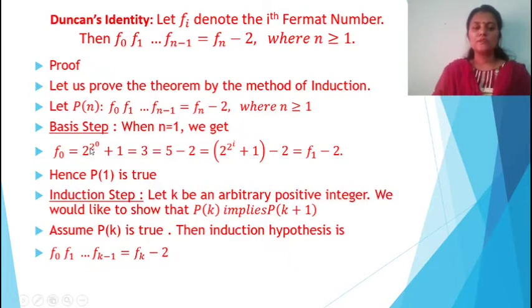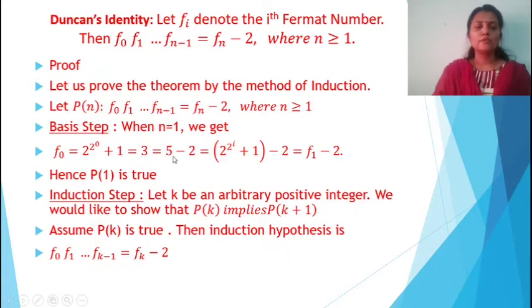The product on the left side will be F0 only. So the answer is F0, by definition 2 raised to 2 raised to 0, plus 1, which is 2 plus 1, 3, which is equal to 5 minus 2.